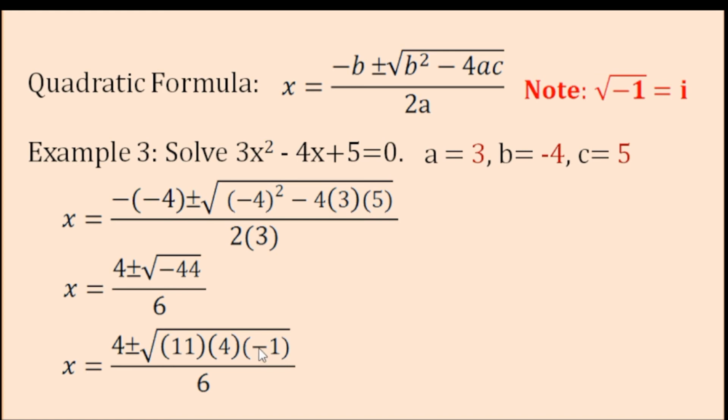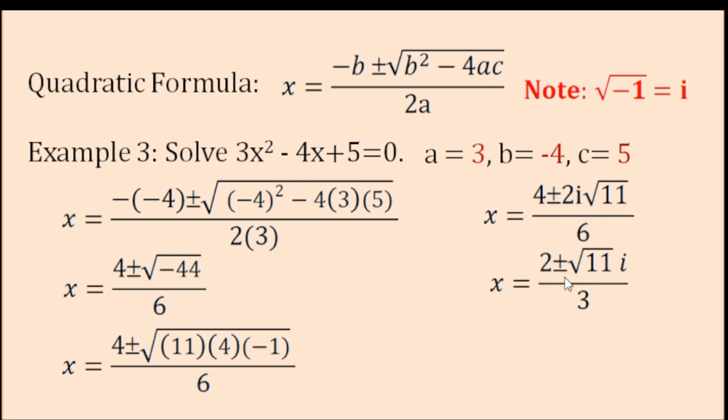And then square root of negative 1 is i, so this is what we get now. 4 plus and minus 2i square root of 11 over 6. Now we can still simplify this because we can divide 4, 2, and 6 by 2. So this is what we get.